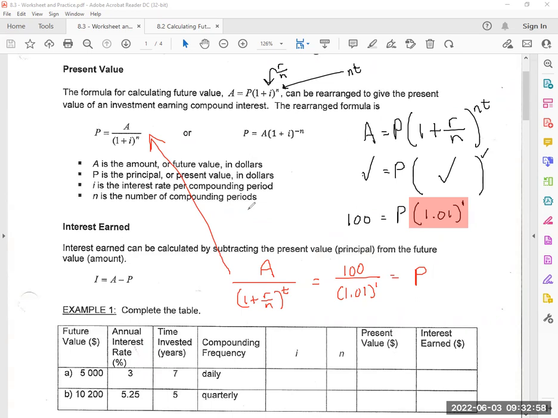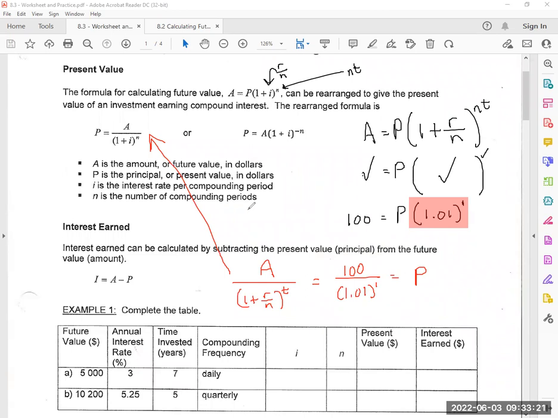Another example, listen carefully. What if I say this? This is how much money I have now. So tell me what number goes where, okay? I have $100 now. How much did I have last year?